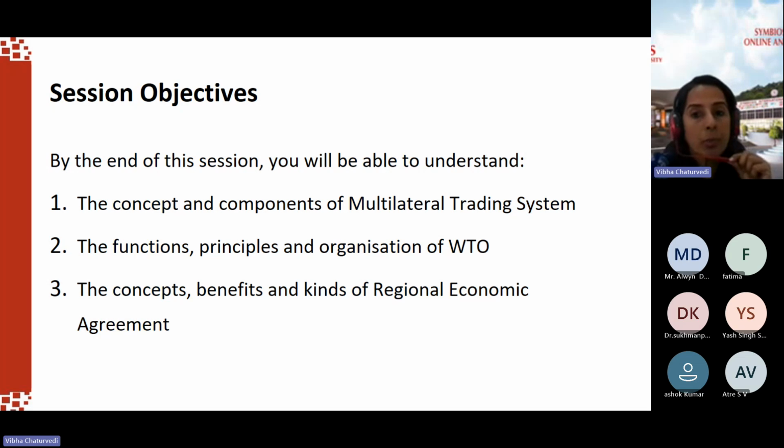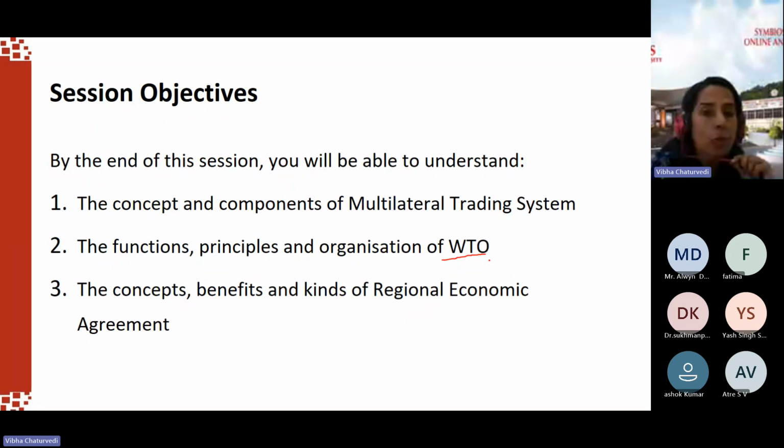So we will discuss what a multilateral trading system is, the functions, principles, and organization of WTO. WTO is the major organization that oversees international trade. It administers international trade. It frames the guidelines or the laws that countries must abide by if they have to be a part of the global trade order.